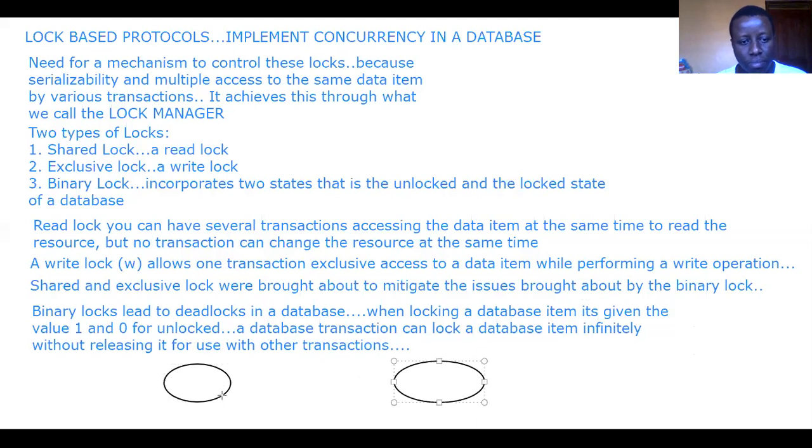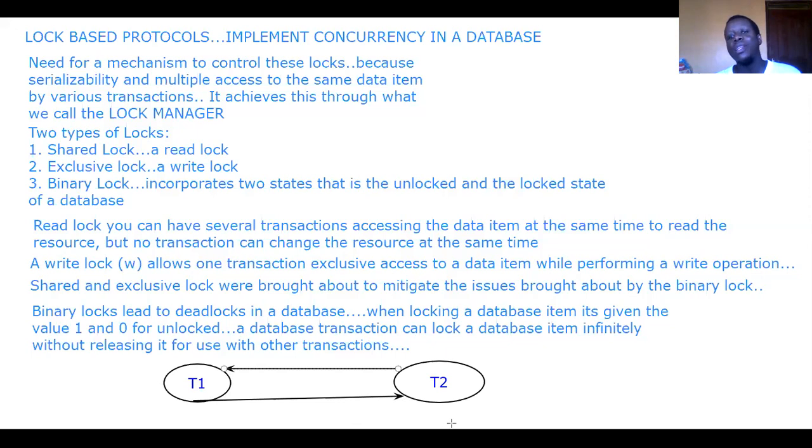We'll call this transaction T1, and then you can call this T2. Now, T1 has a resource that T2 needs. So there will be a constant back and forth between these two.